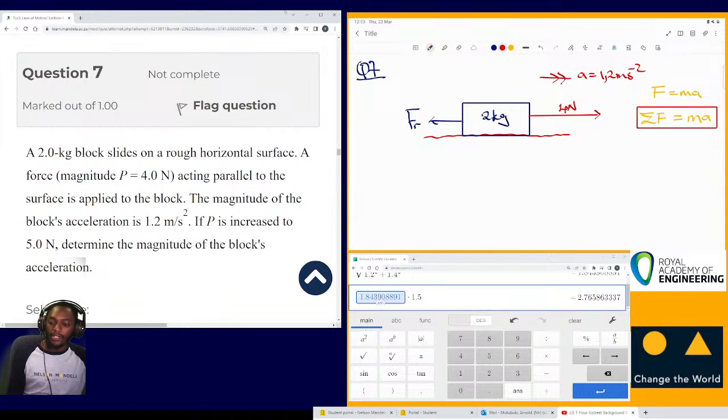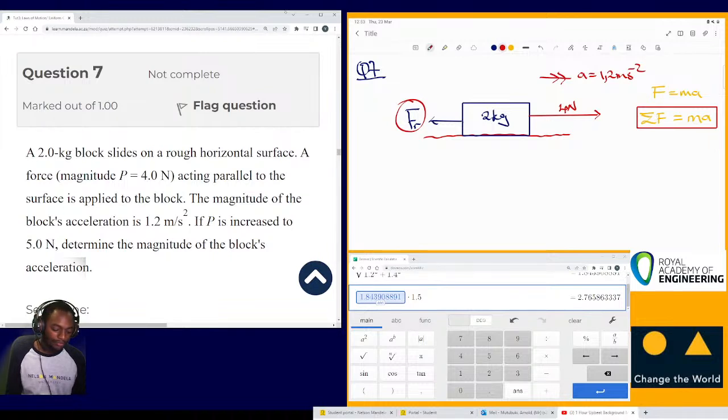Since this body is accelerating and the acceleration is positive, it shows that we have got a resultant force after subtracting our frictional force. So let's sum the forces that we have in that diagram.